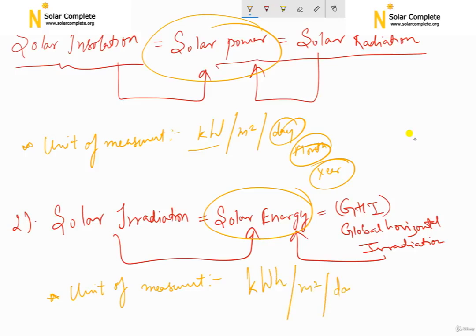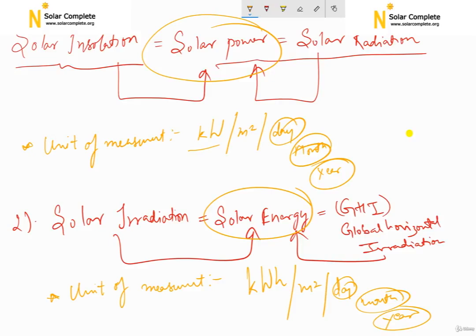Now what is the difference between solar power and solar energy? So both are with respect to electrical things, but what is power? Power is whatever power we are getting from the sun, in terms of solar rays, right?